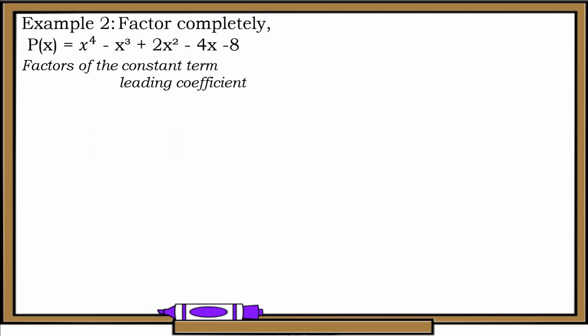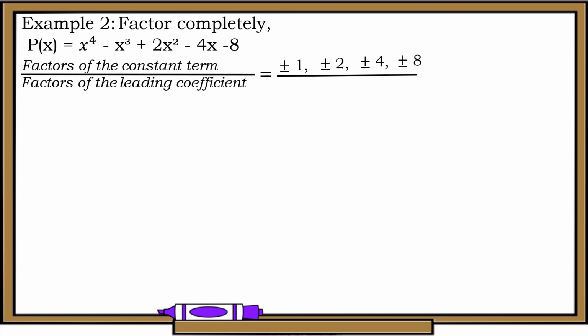The factors of the constant term, yung 8, ang factors ng 8 ay positive negative 1, positive negative 2, positive negative 4, and positive negative 8. Ang factors ng leading coefficient. Ang leading coefficient natin ay 1. So, ang factors ng 1 ay positive and negative 1.